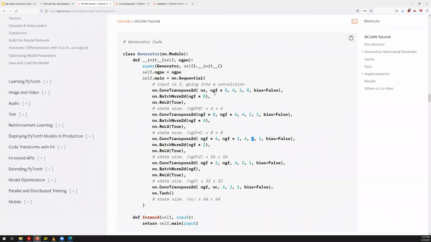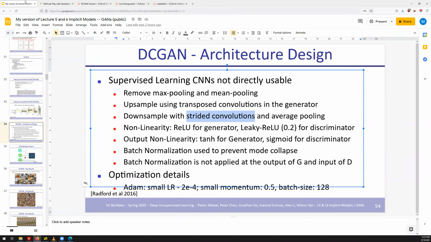I don't know if they actually use average pooling. I didn't see it. It's a bit confusing for me. On the slide they say remove max pooling and min pooling and use average pooling. And if I'm not crazy, mean and average mean the same thing, right? So that doesn't make much sense. Strided convolutions and any kind of pooling act in a similar way.